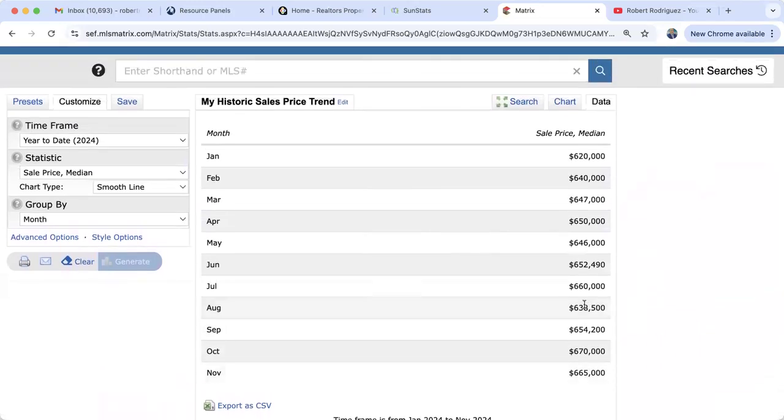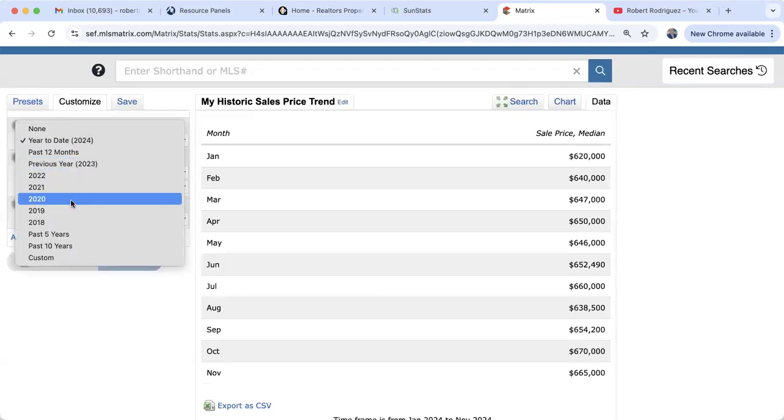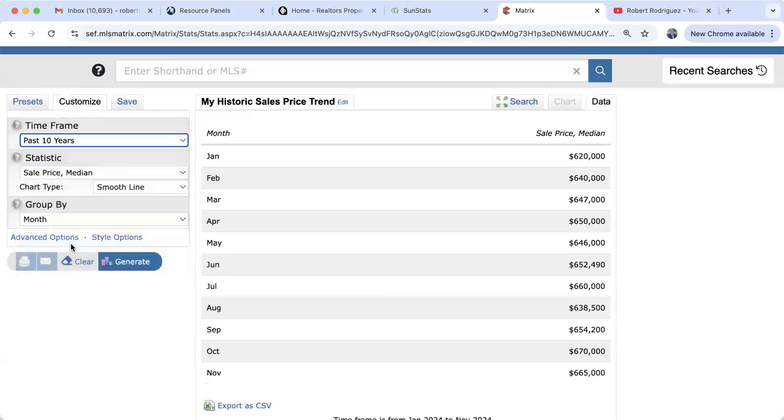How is that compared to the previous years? Go to time frame and let's just go the past 10 years. Click on generate.